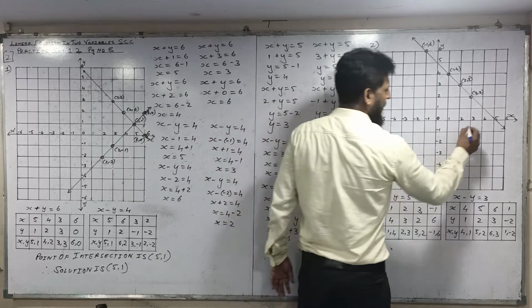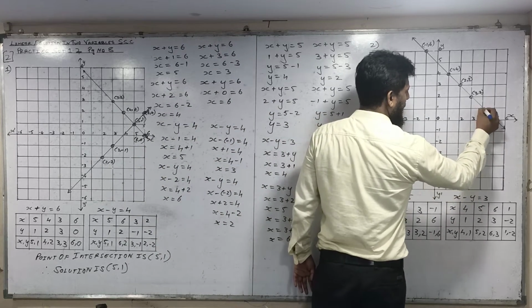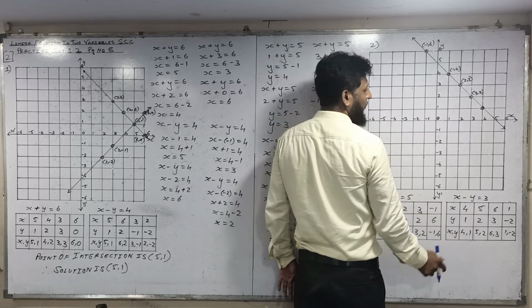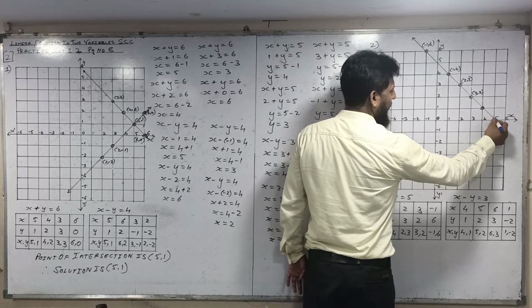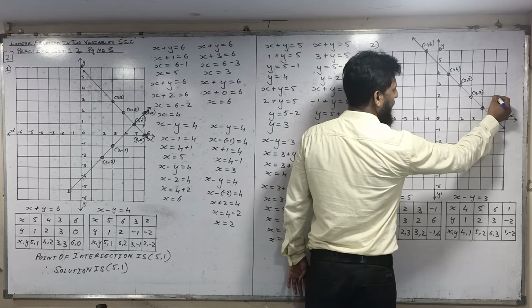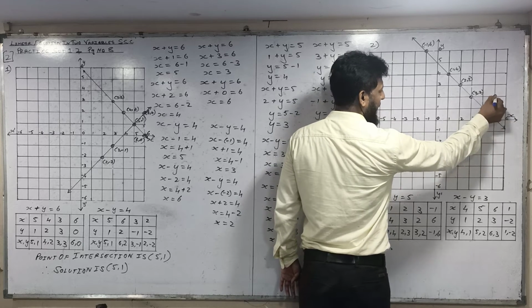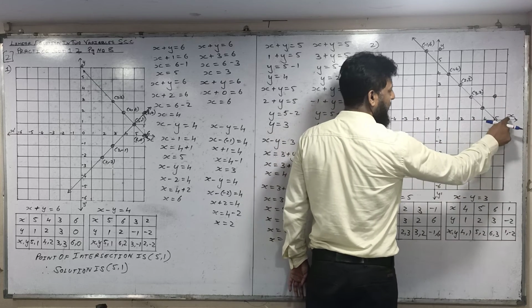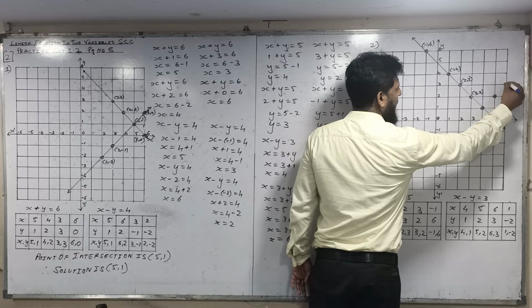4 and 1, x value 4, y value 1. So this is the point. 5 and 2, x value 5, y value 2. 6 and 3, x value 6 and y value 3.